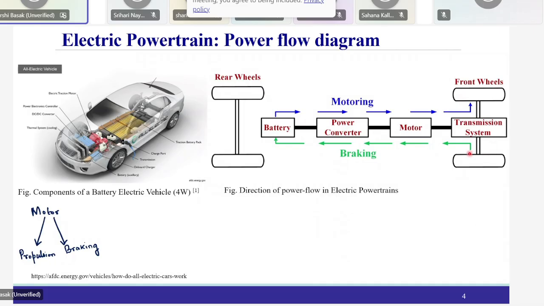Corresponding to the braking mode of operation, the power flow is reversed. It comes from the wheels, then to the motor, to the transmission system, then the power converter, and then back to the battery.